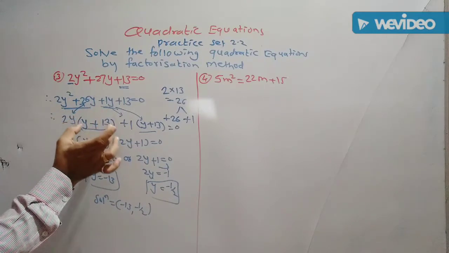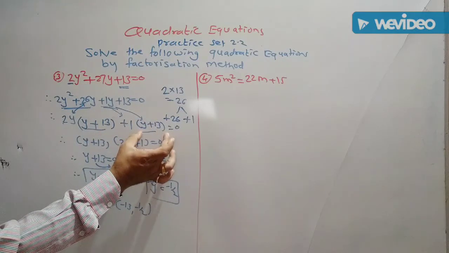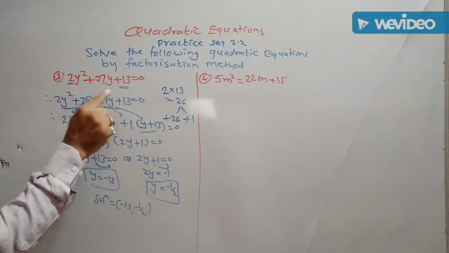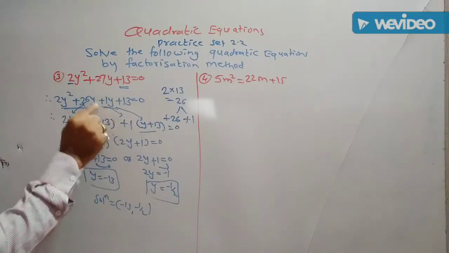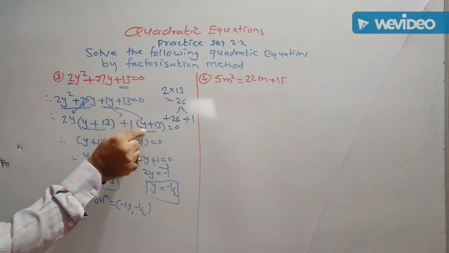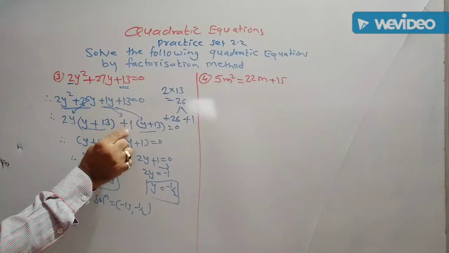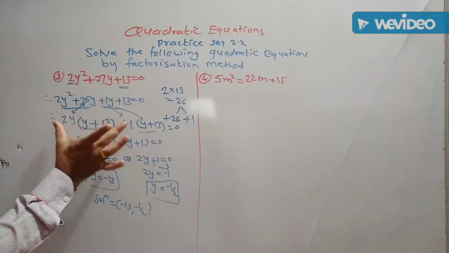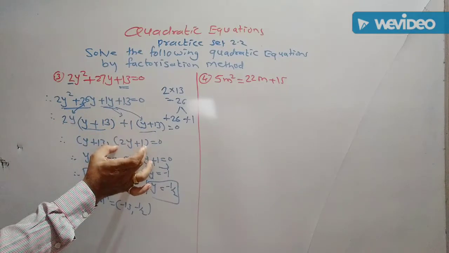Now again we write this bracket after some distance of this bracket, y plus 13, and in the place in between these two brackets we write the remaining third term after taking the common. Now from plus 1y, y gets common in the bracket, remaining is plus 1, therefore I write here plus 1. Again the same bracket gets common, y plus 13, and the remaining term of the equation, that is 2y plus 1, we write in the second bracket.